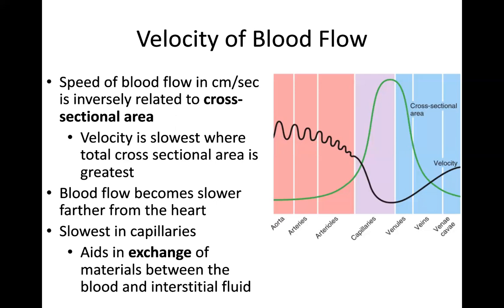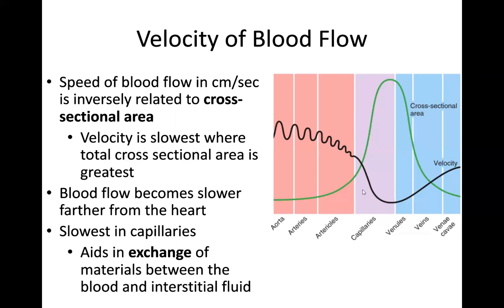Once you get to McDonald's, is it possible to drive through the drive-through at that 30 miles per hour? Hopefully not. You wouldn't be able to pay for your food, and more importantly, you wouldn't be able to get your food. So you have to slow down, and in some cases come to a stop for a couple minutes. Obviously, that's not what our blood does, but it goes very, very slowly while we are doing the exchange of goods.